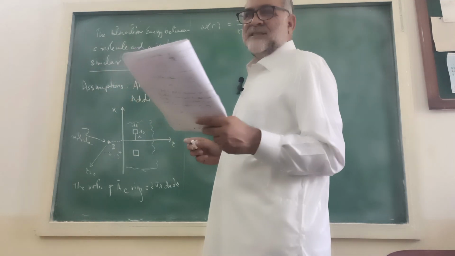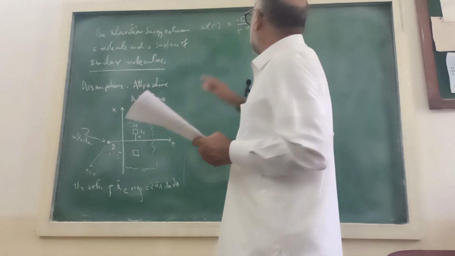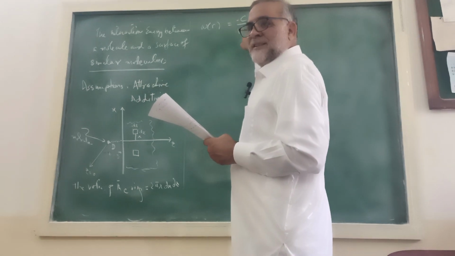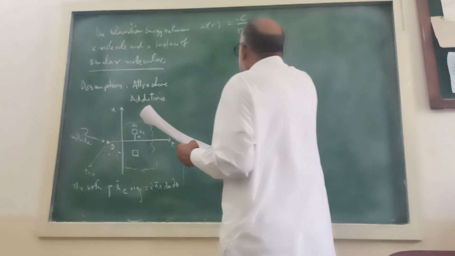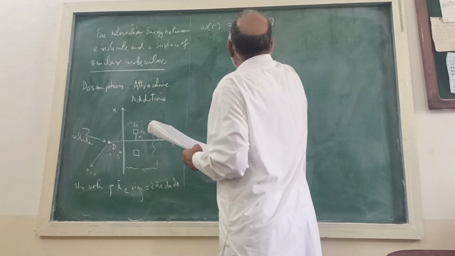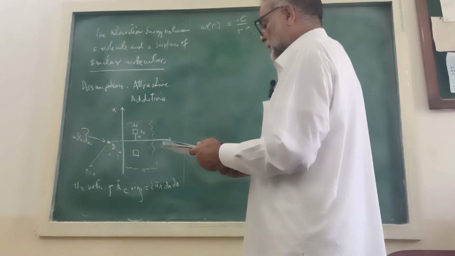Here we don't know what is the type of forces or interaction because here it is r to the power n. We don't know long range, short range, whatever. This is a general formula.